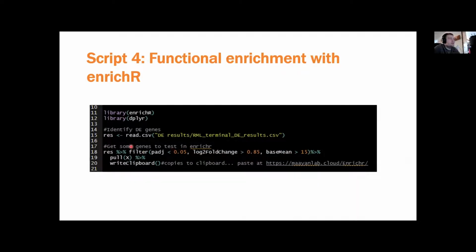I'm using dplyr here with these pipe commands to pull out the list of genes that actually meet these criteria. And then I'm using this write clipboard function to copy it to your clipboard.